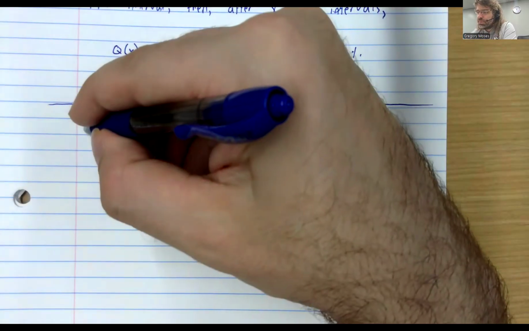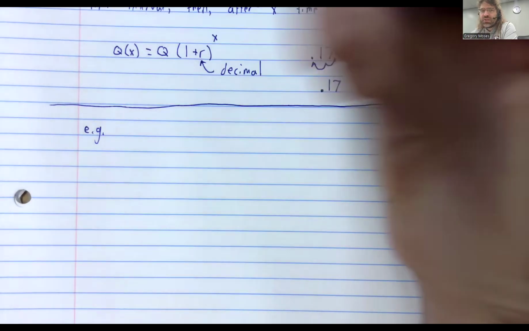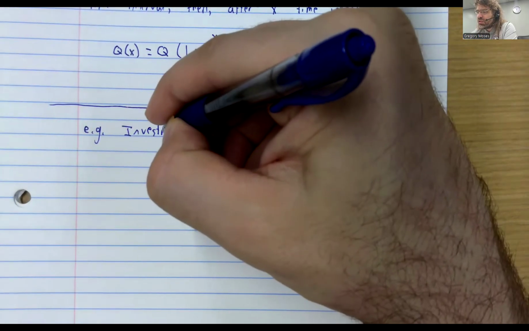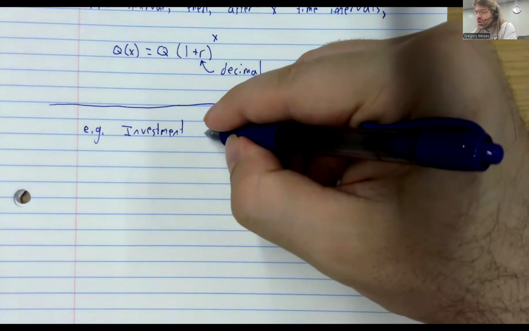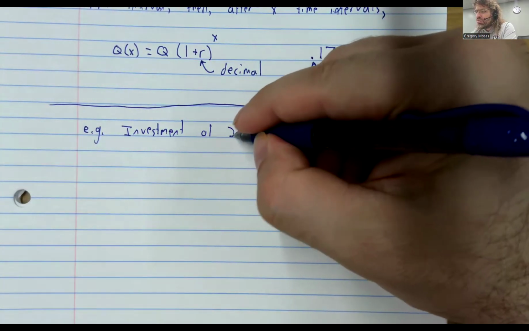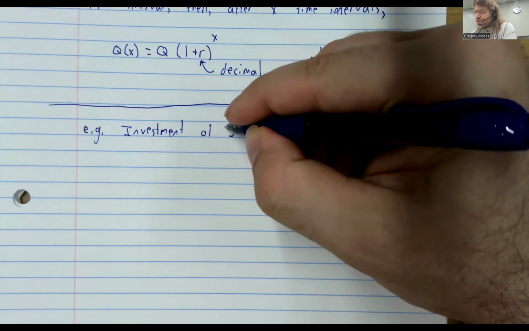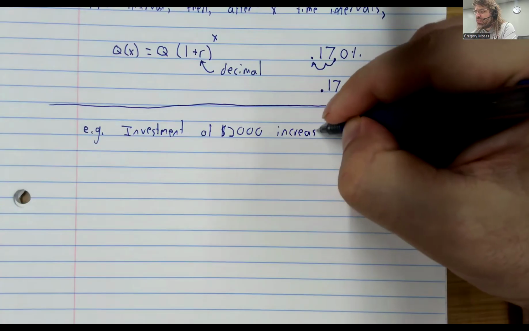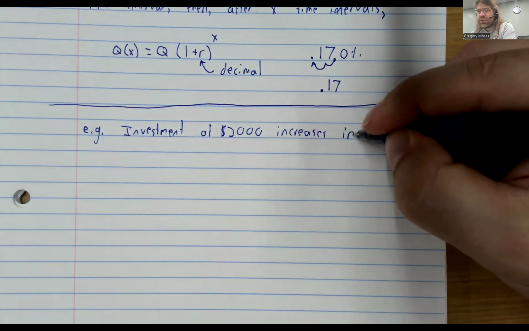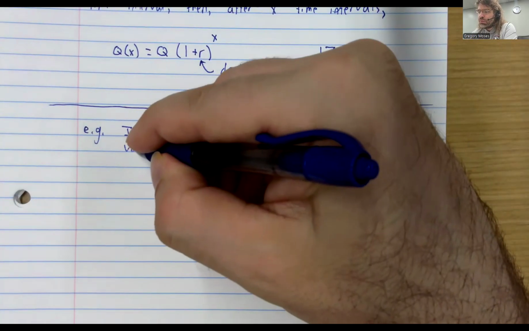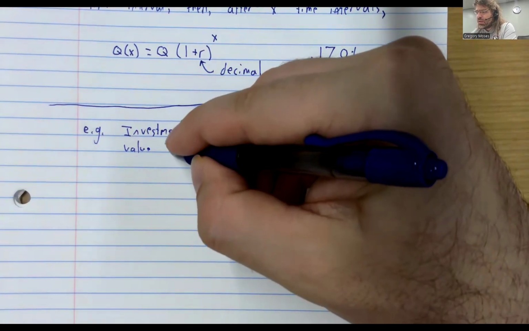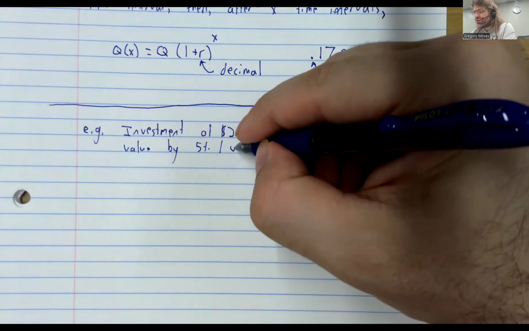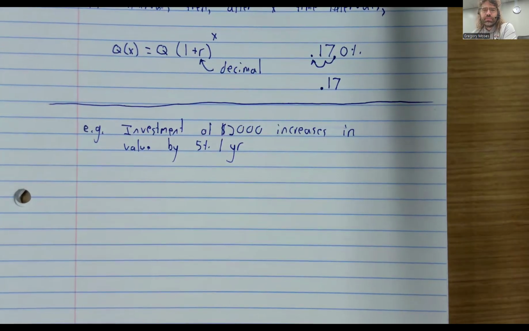So, let's say an investment of $2,000 increases in value by 5% every year.